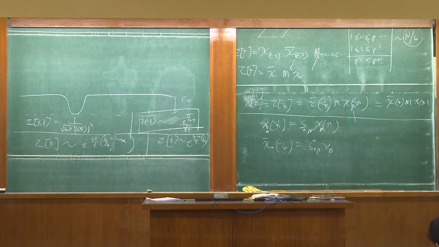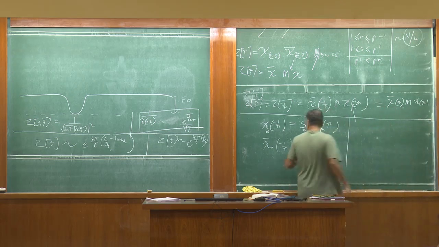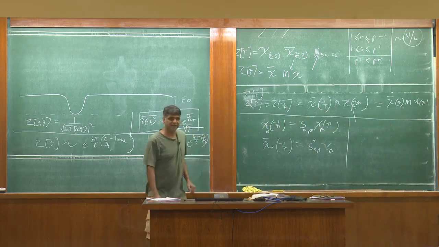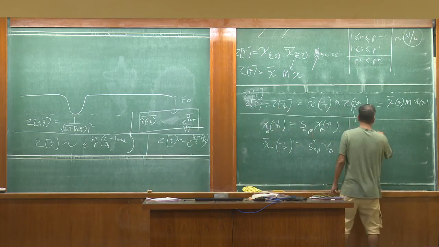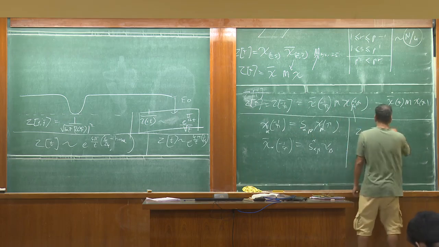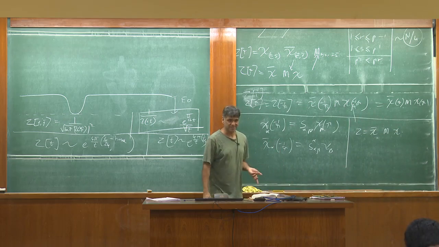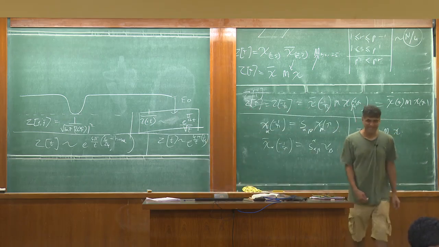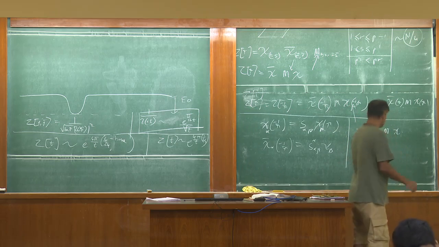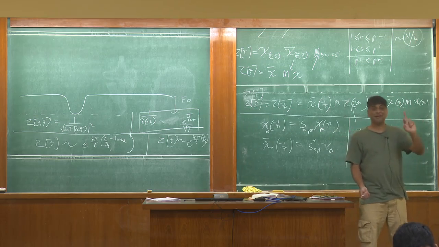Yes, please go. How does this transformation change M, like in terms of number? Excellent. So Rajat's asking exactly the right question. We had Z equal to chi bar M chi. Now, under an S transformation, chi changes to S chi. Chi bar changes to S star, but now that's acting from the left, so it becomes S dagger.